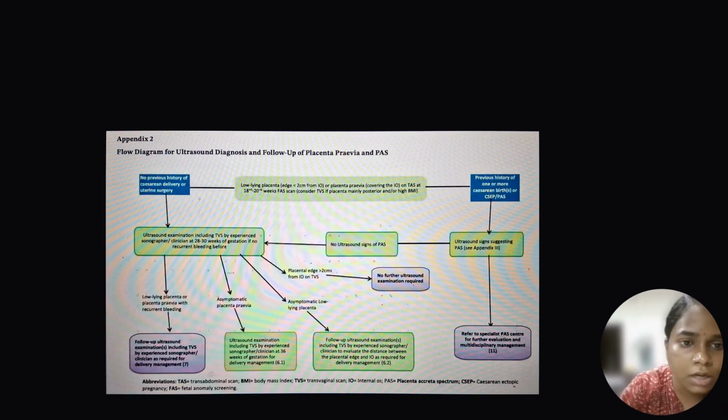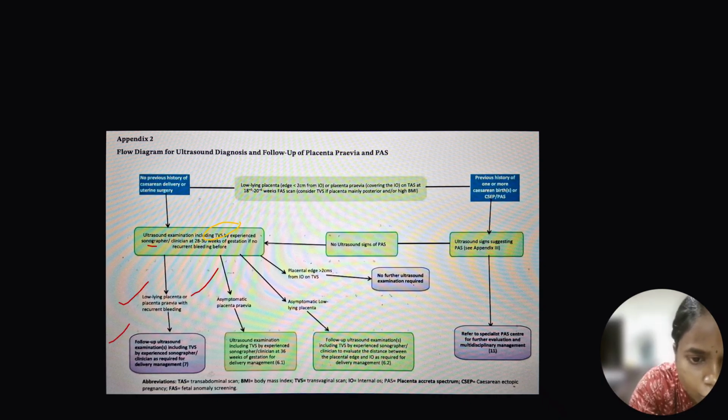So this is a flow chart. If there is no previous history of cesarean delivery or uterine surgery, then ultrasound is done, generally including TVS. At 28 to 30 weeks you'll do it. If it is a low-lying placenta, follow-up ultrasounds are done.